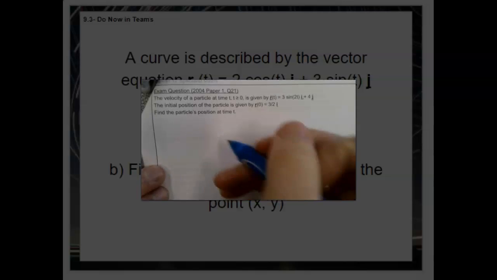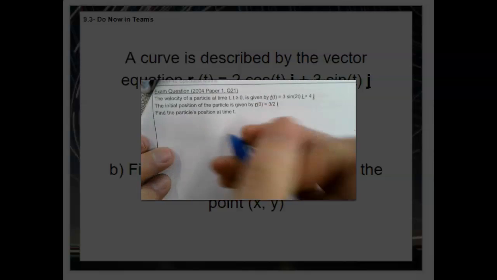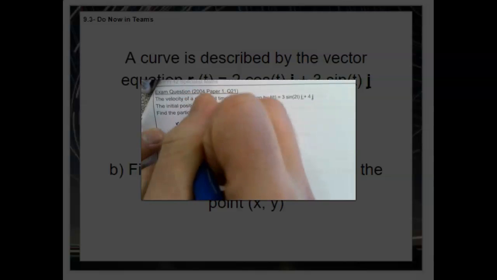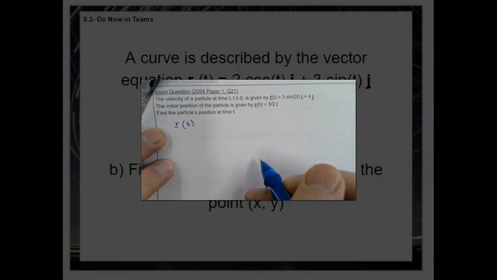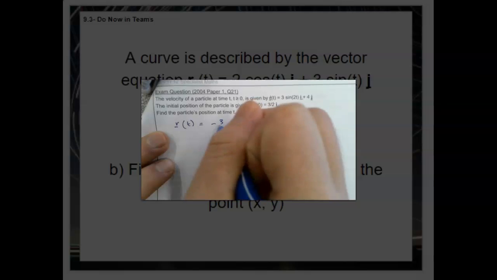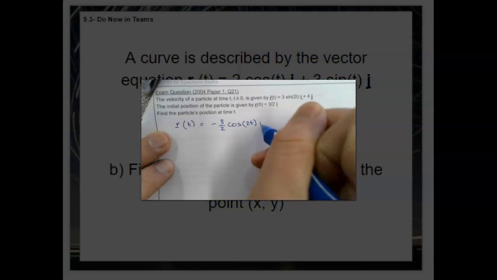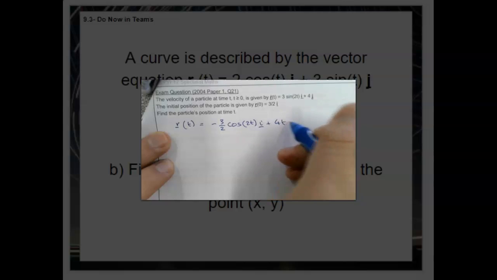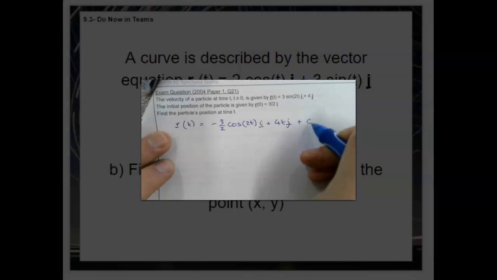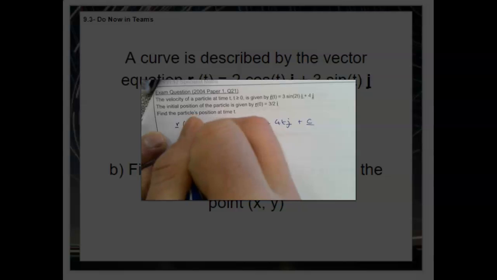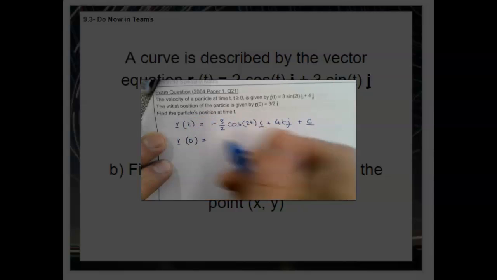Okay, so you've had a look at this, very similar to the last one, just introducing a little bit of trigonometry. So I'm going to try and integrate once, and I'm going to get minus 3 over 2 cos of 2t i plus 4tj, and then plus a vector c. I substitute in r of 0.